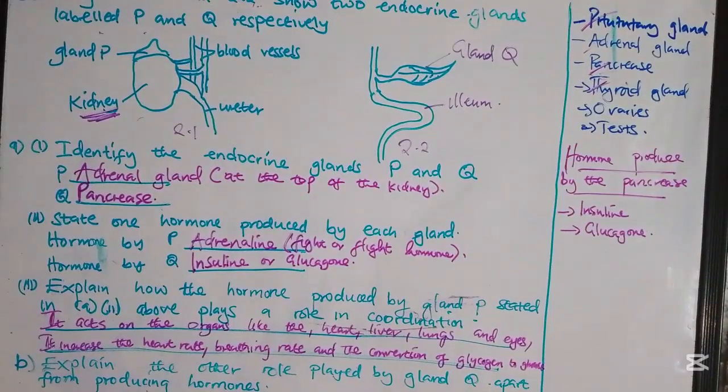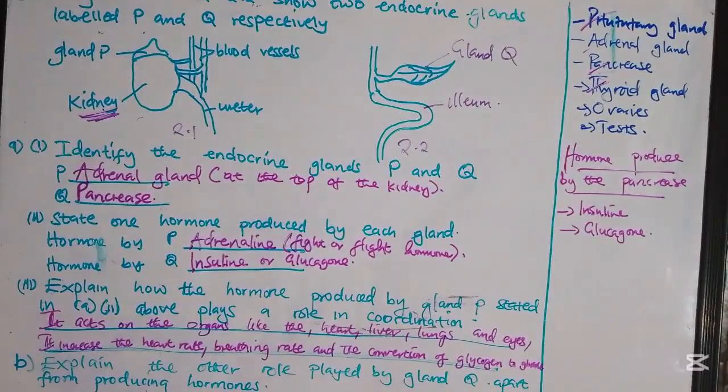Once you say it like this, you have explained how adrenaline plays a role in coordination. It acts on organs like the heart, the liver, lungs, and eyes. And it increases the heart rate in the heart, the breathing rate in the lungs, and the conversion of glycogen to glucose in the liver. You have explained to them.